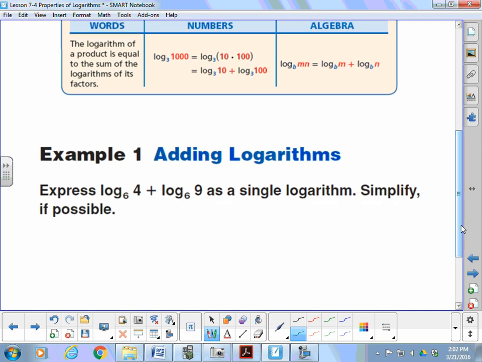So since we are adding here, that means that the product property applies, and so we can write this as the log base 6 of 4 times 9.